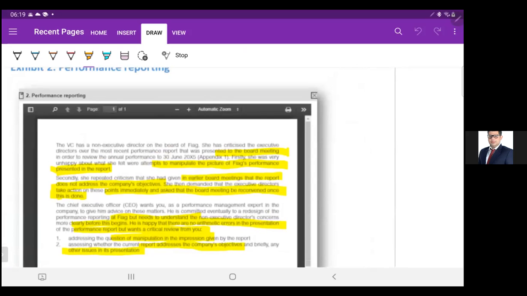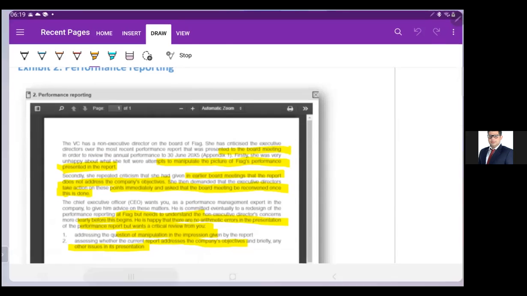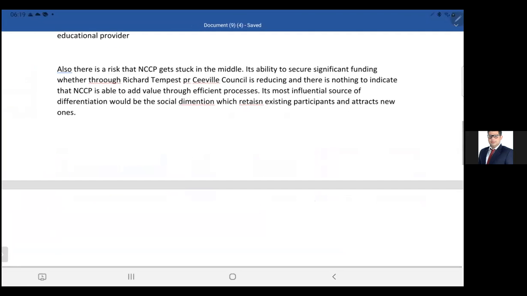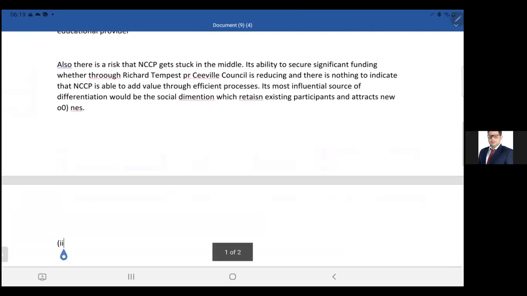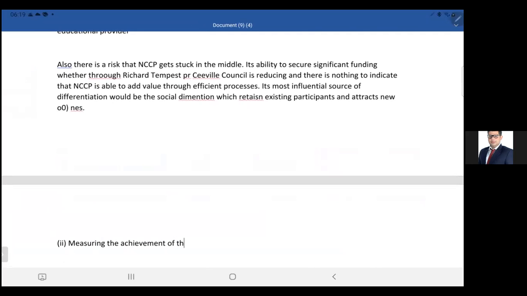So let's move on to the answer. Now, I'm moving to my worksheet. It's part two now. Okay. What we will say, measuring the achievement of the objectives of PIAG.